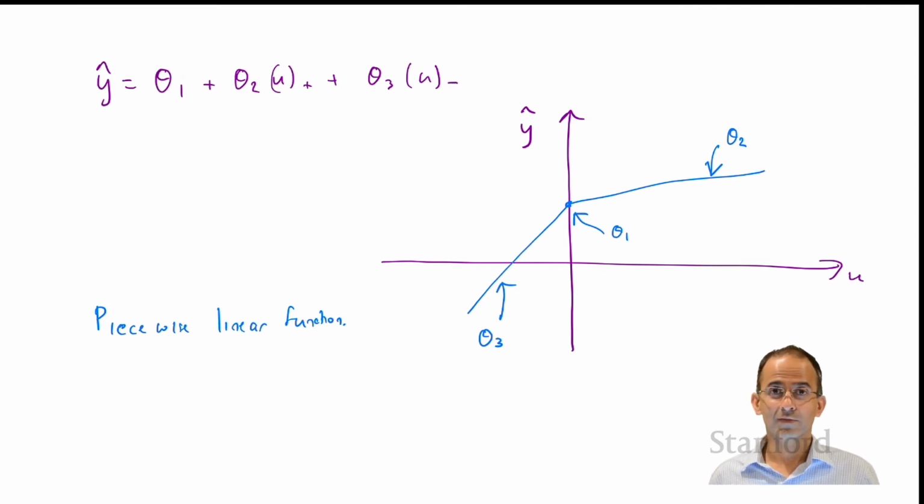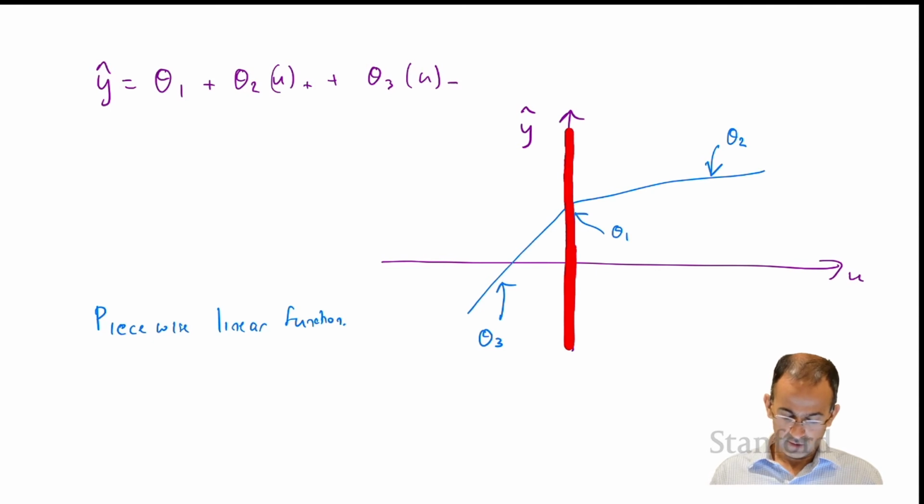They only have two linear pieces, and the join has to be at the origin. This particular quantity, the origin in this case, is called a knot for this piecewise linear function. That's K-N-O-T.